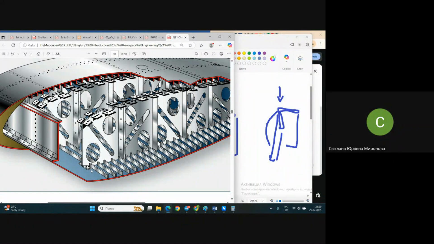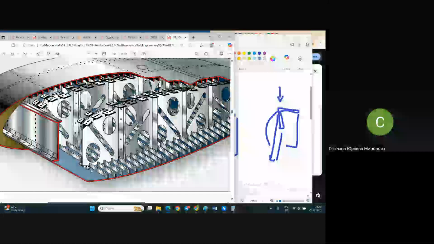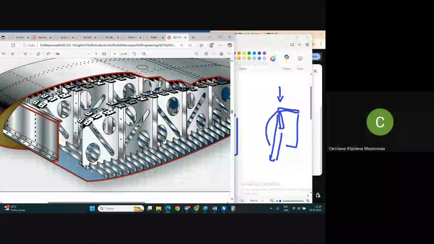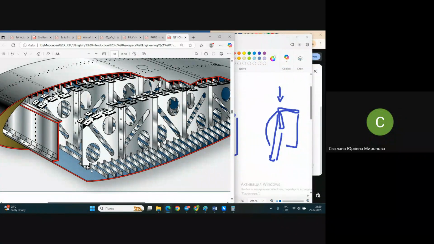In modern passenger and cargo airplanes, usually fuel is placed inside the wing. It's the same consideration that no element of the airplane should be idle. The wing of a cargo or passenger airplane has a big size, it's high enough. The thickness of the wing is very big for passenger airplanes, for cargo airplanes.